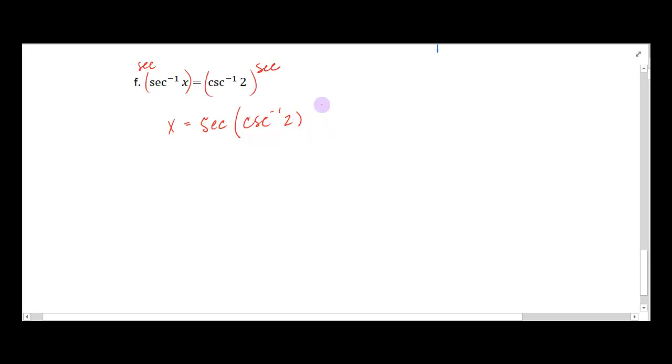And it's this inverse cosecant that we're going to let be equal to u. So let u be equal to this portion right here, the inverse cosecant of 2. Now I can rewrite this so that it looks like the cosecant of u is equal to 2.